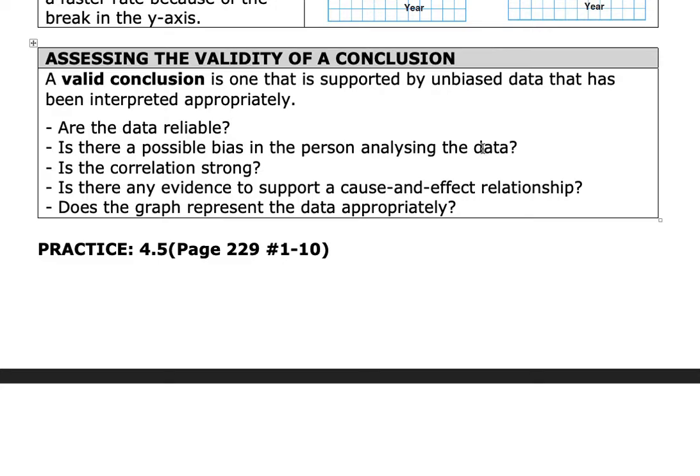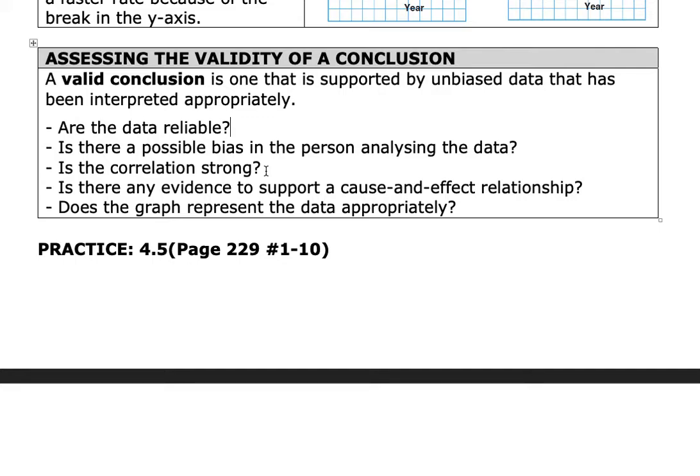Is the correlation strong? So, in correlational studies, the relationship between two variables, if we have a regression model, such as a linear model or line of best fit, where the data points are tightly packed around the line of best fit, then there seems to be a strong correlation, and we can use that model to make predictions both within the data with interpolation or outside of the data using extrapolation with more confidence.